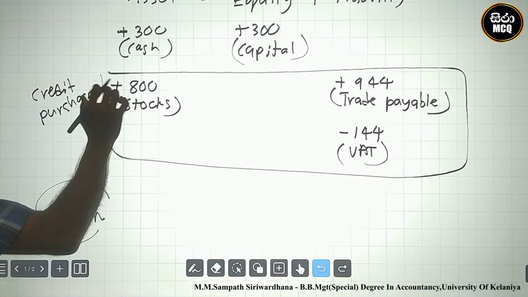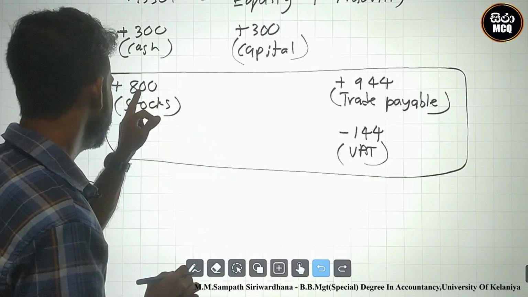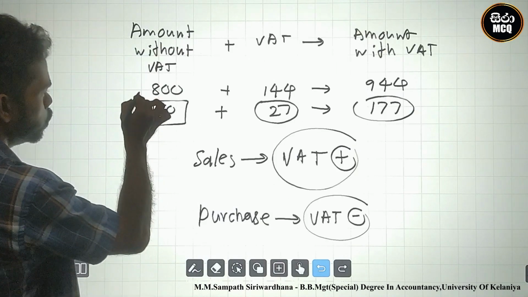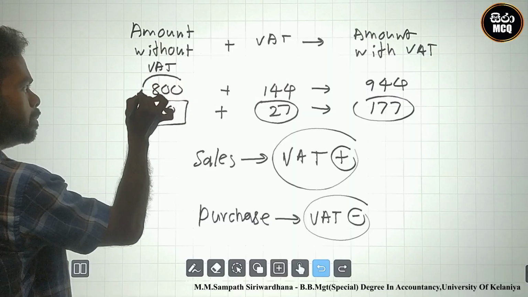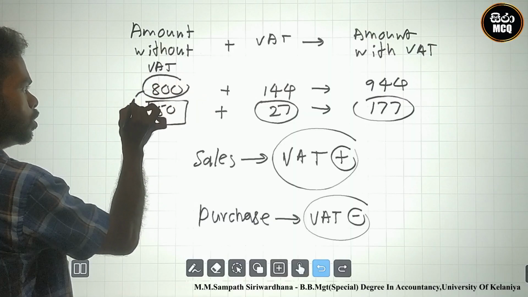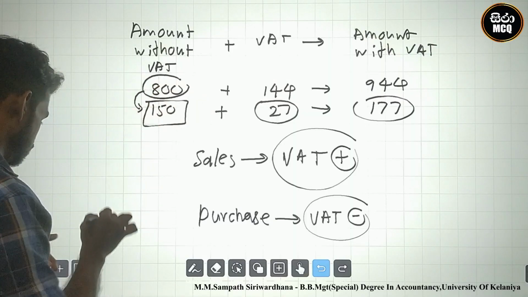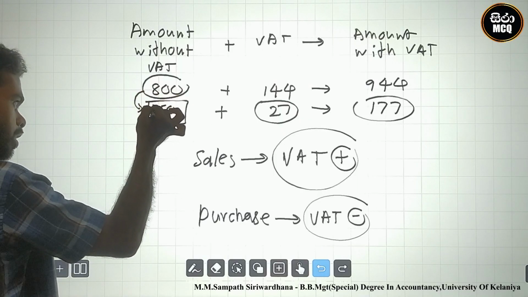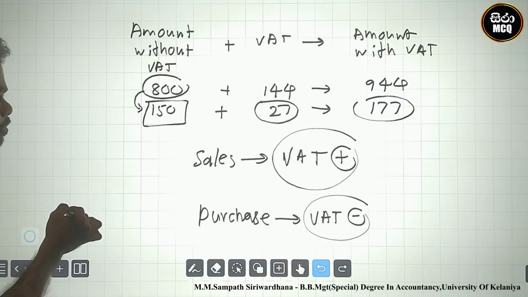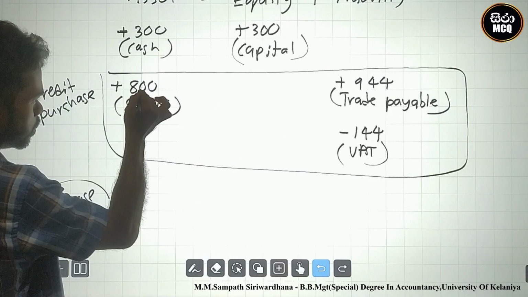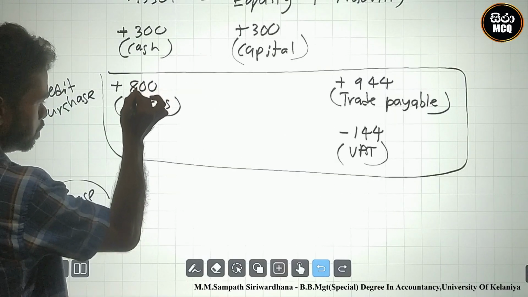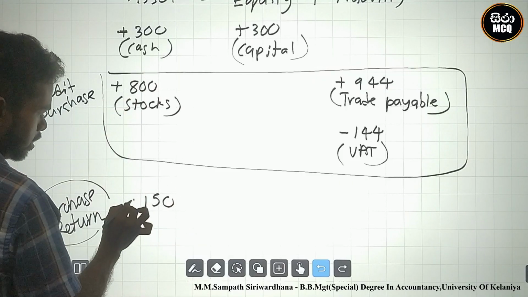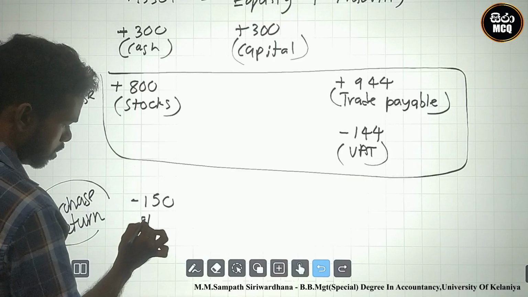Therefore, we must create the opposite side of this. 800 is the big amount, the small one is 150. Based on the 800, we must create a 150 short there. 800 is the big person, 150 must be opposite. This is the plus 800, minus stocks 150.